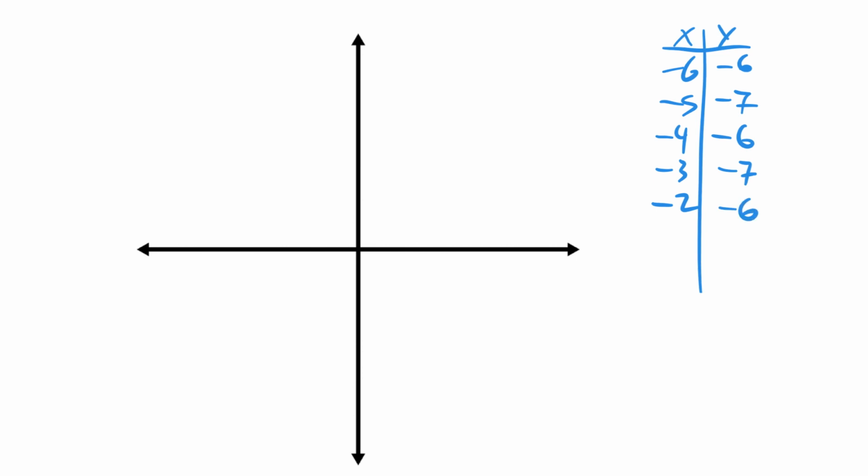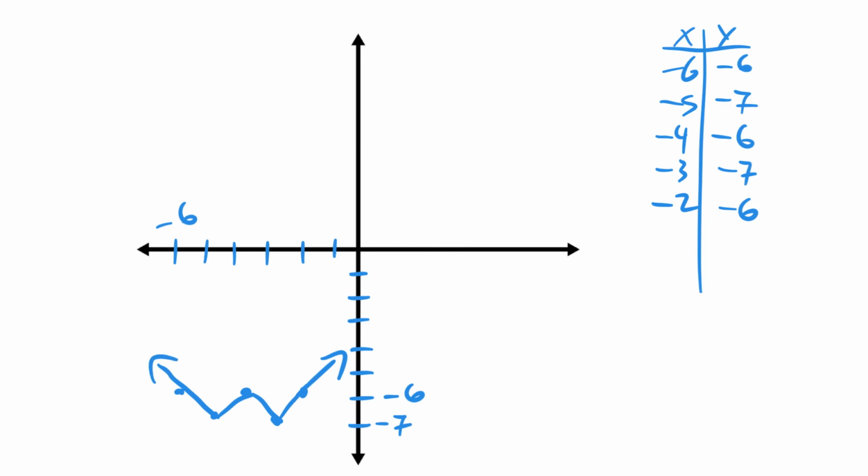So on our graph, 1, 2, 3, 4, 5, 6, -6, 1, 2, 3, 4, 5, 6, 7, -7, -6. Okay, so we'll have something like this. Point there, there, there, and there, roughly. And we get that nice W shape.